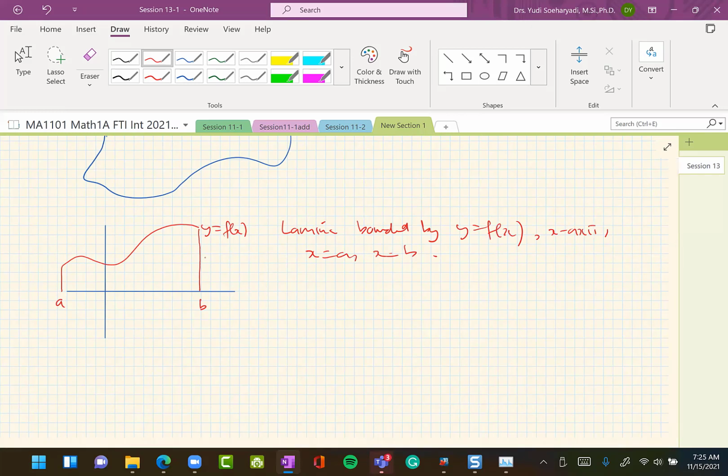So we assume that the lamina is homogeneous with respect to y.